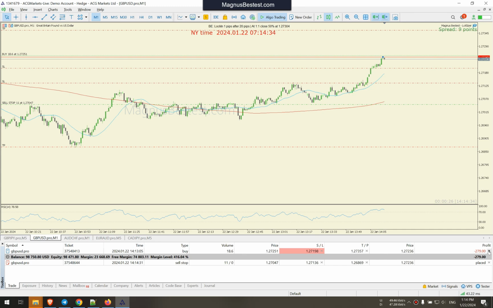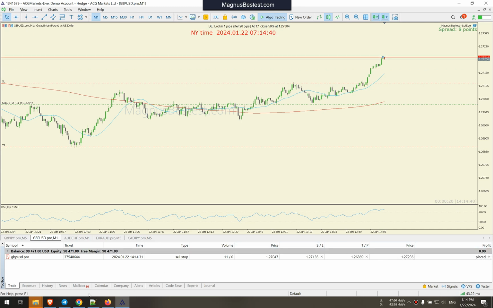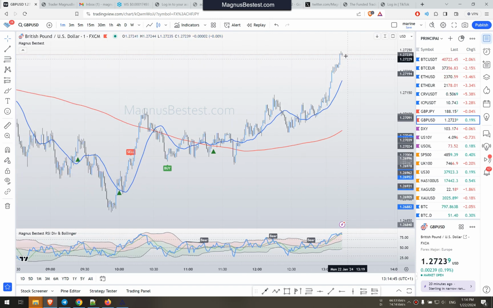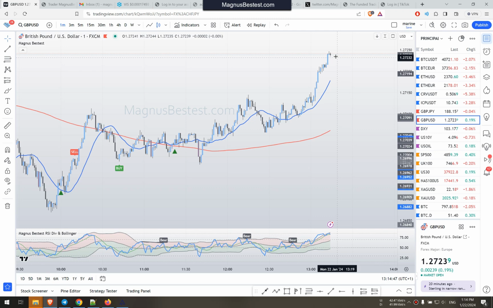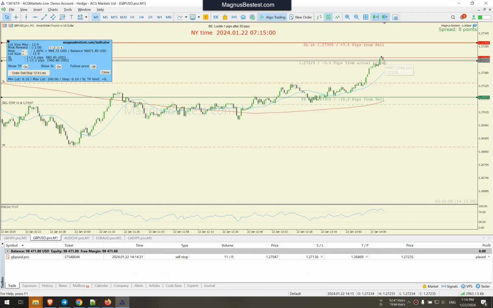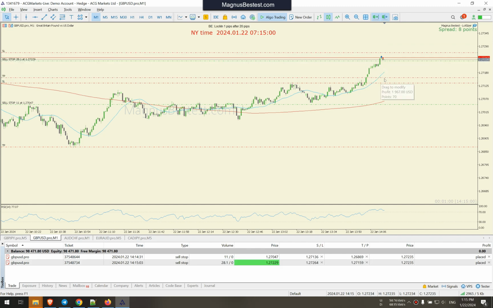But here, let's just close this trade. I want to show you, here we have a signal from my indicator. It's still not confirmed. The candle needs to close, but once it closes, we can actually have a good trade. Okay, let me just go back. I can just quickly exit the trade like this.